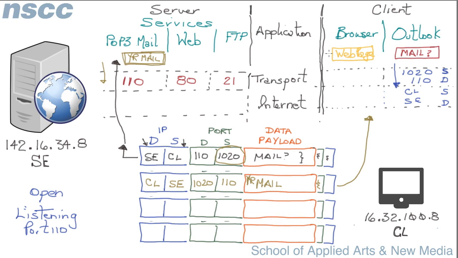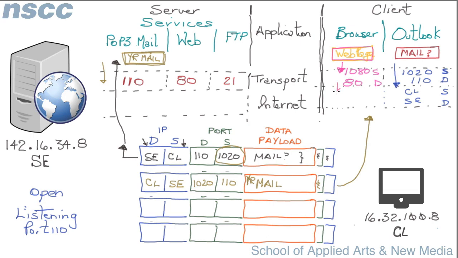Again, this is being sent out, so it has to have a source and a destination port. The destination port for web pages is 80, so it's going to use that port. The source port is just some random port to keep track of returning traffic. So it's just something above 1000, maybe 1080.